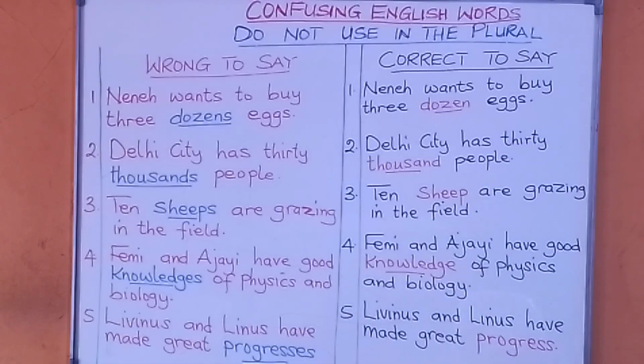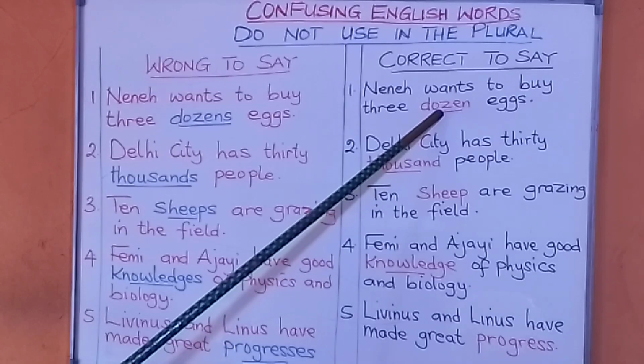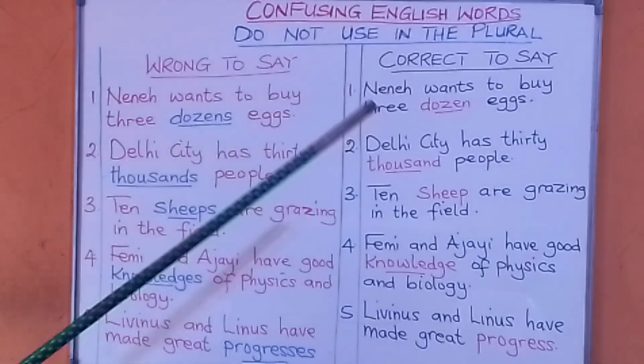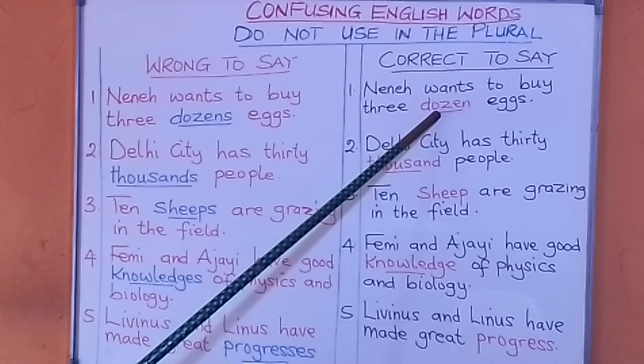Now before we look at the examples on the board, let me explain some things. Let me start with the word dozen. We do not use dozen in the plural.